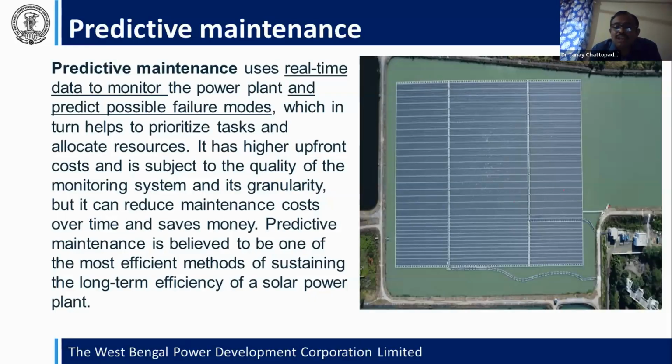A total robotic system can predict, and with the AI system you can predict when you have to clean the modules, and when you have to replace the modules, the floaters, the transformer oil, and the platform. You can easily detect, and before a hazard happens, you can easily maintain.